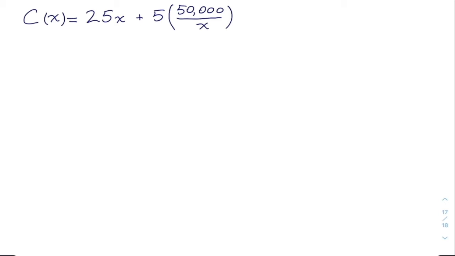Then putting this in our cost function, we obtain that the cost, depending now only on X, is equal to 25 times X plus 5 times 50,000 divided by X. And we want to minimize this function.